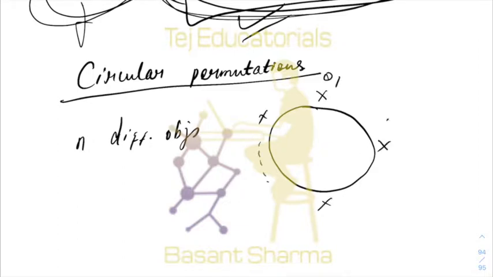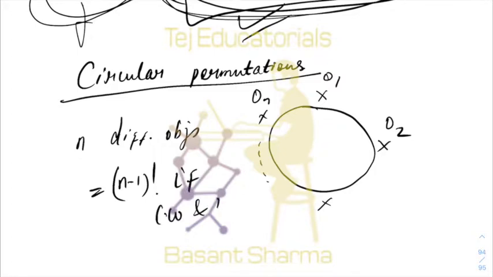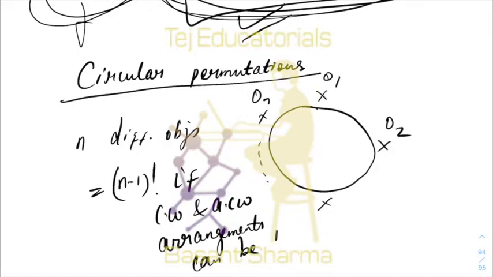This is object O1, O2, and so on till On. Then you have to find the number of ways. Then the number of ways is (n minus 1) factorial if clockwise and anti-clockwise arrangements can be distinguished.